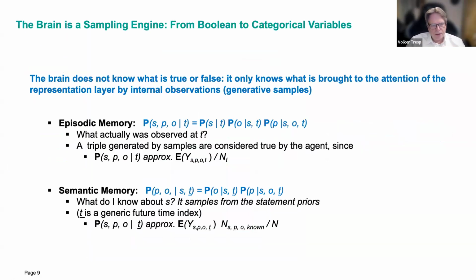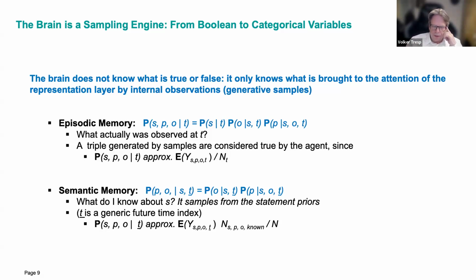And so what we propose is that the brain doesn't really know what is true and false. It only knows what is brought to the attention of the representation layer by the internal observations, by this generative sampling process. And in the episodic memory, as we discussed before, we can sample an S given the T, an O given the S and the T, and a P given the S, the O, and T. And we repeat this sampling many times to decode or recall an episodic memory.